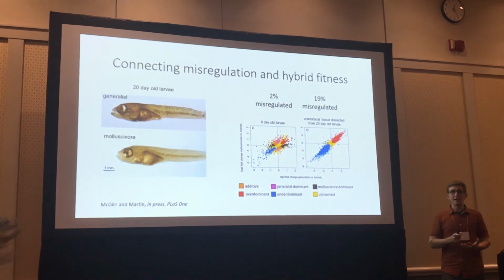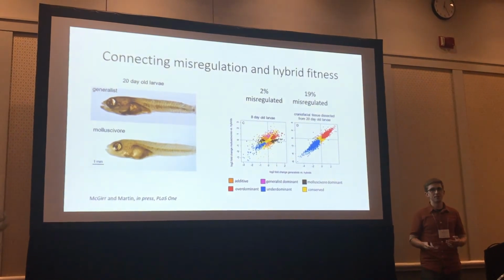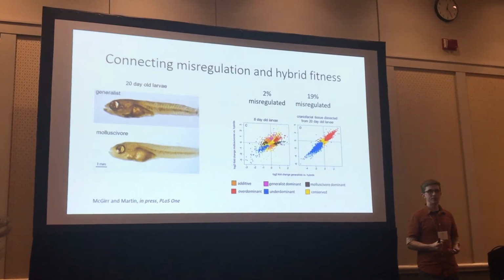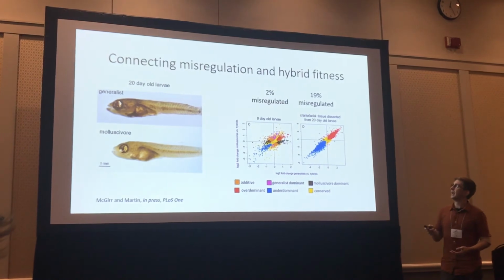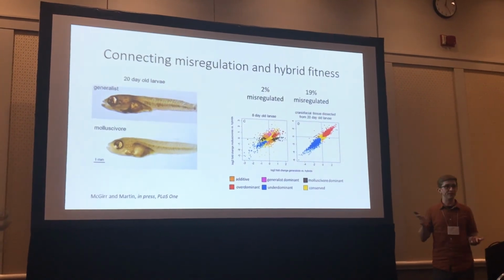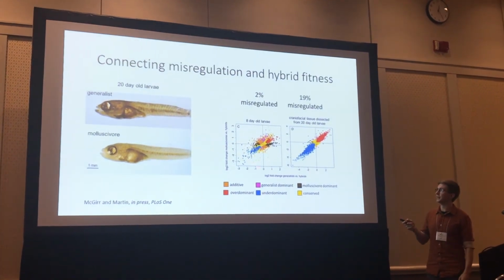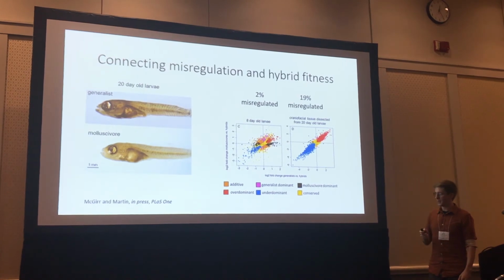And then finally, I've looked at expression in older hybrids that are about 20 days old, but this time I specifically dissected craniofacial tissues that are divergent between species. And I found that misexpression is even more extensive in these adaptive tissues, even more so than what I've shown you in the 8-day-old larvae.